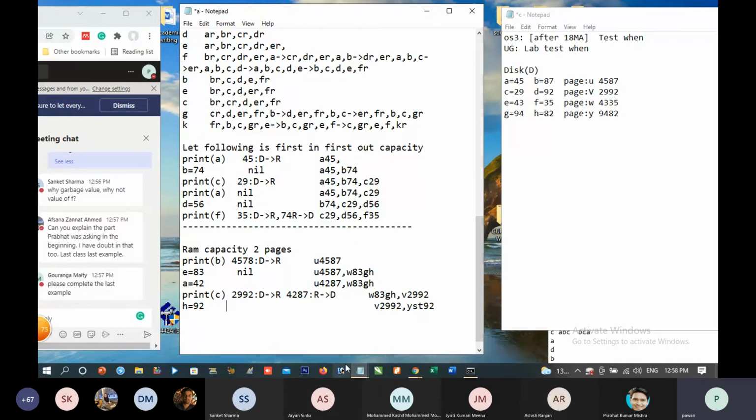How shall we be able to remove 83GH? 83GH we cannot directly transfer to W. 4335 will be brought from disk to RAM and 8335 is going from RAM to disk.